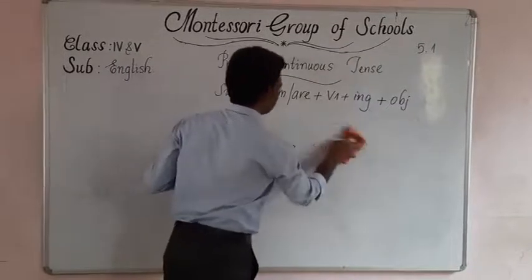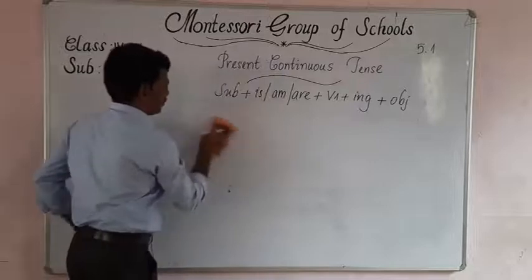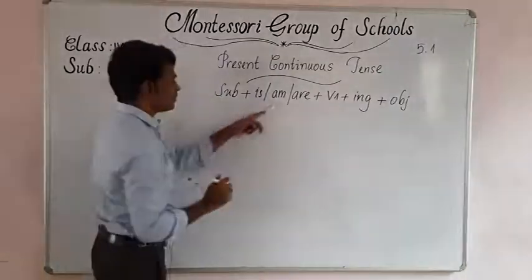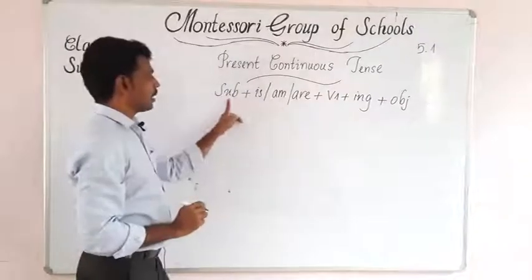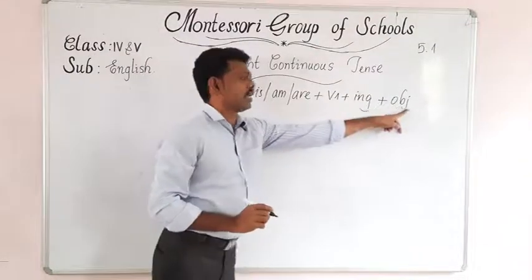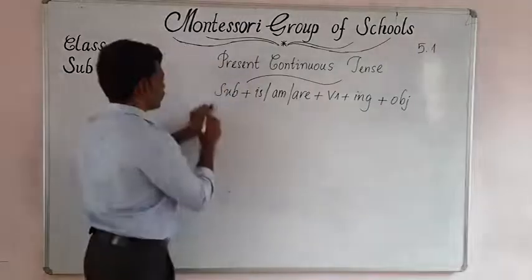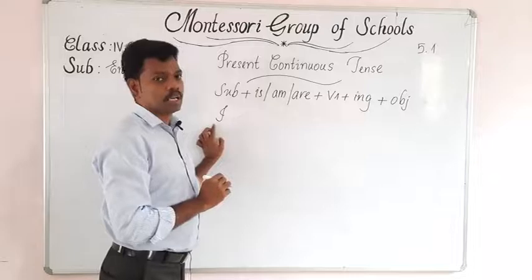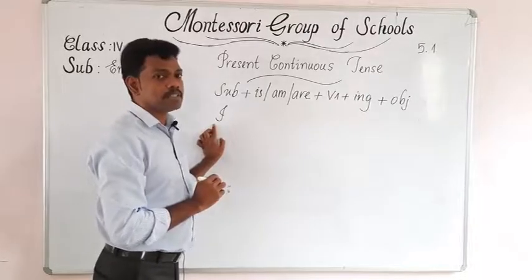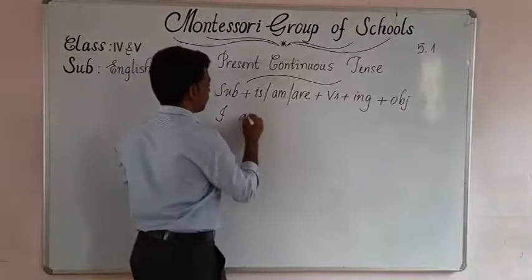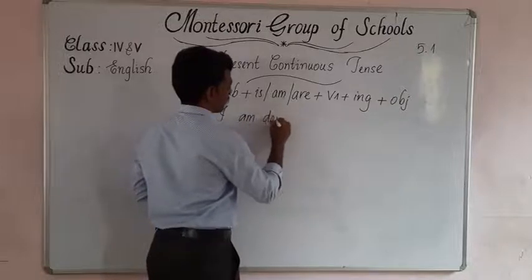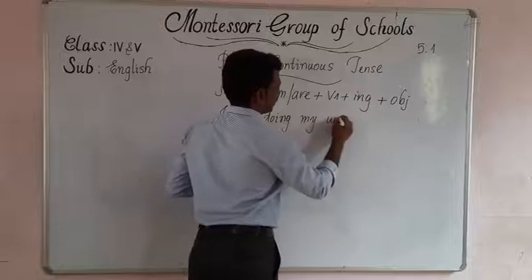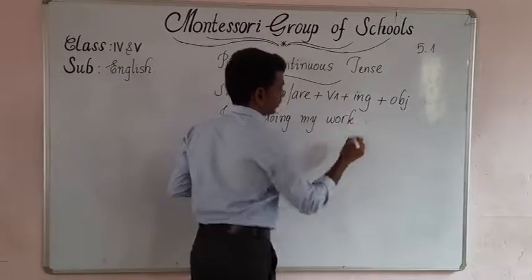Fine. Now, let me go to the next verb, that is am. Where do we use am? Subject plus am plus V1 plus ing plus object. So there it is first person singular. I am doing my work.